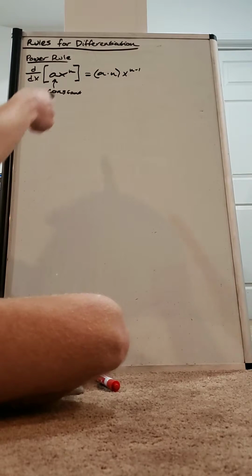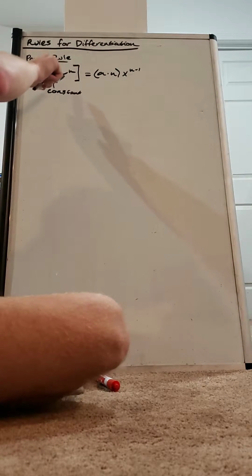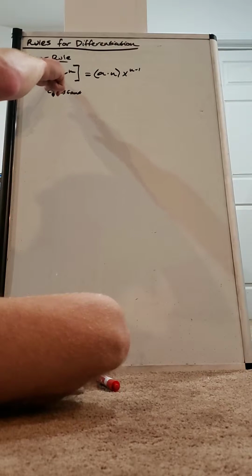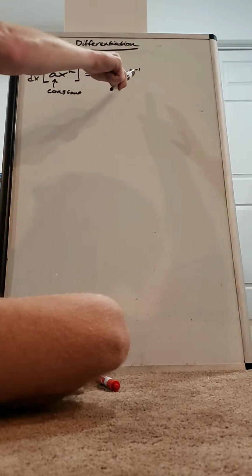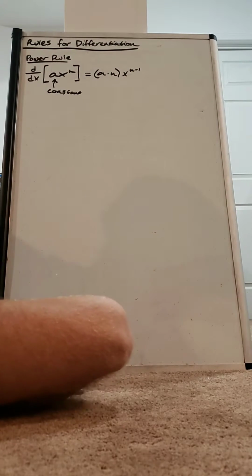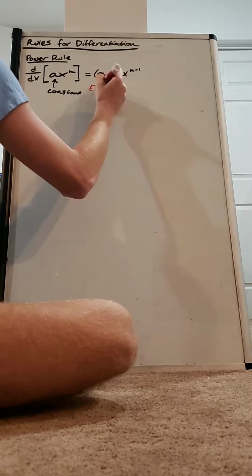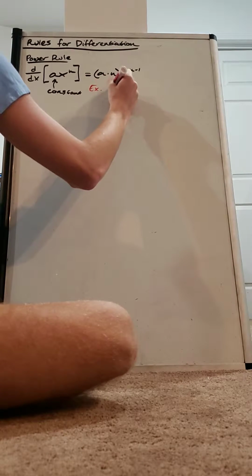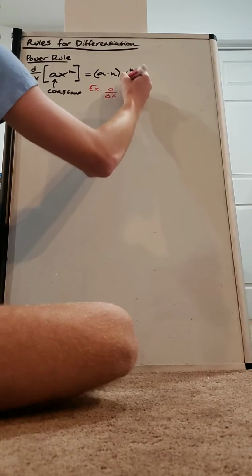So what this means is you just bring down this exponent, multiply it by the coefficient that's already there, and then subtract 1. An example of this was in the last video, where we took the derivative of x squared.